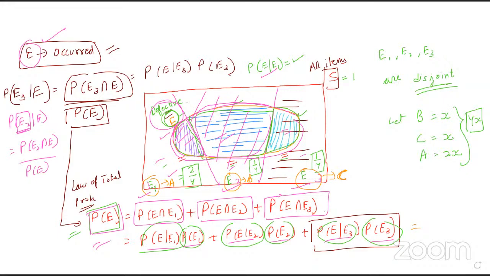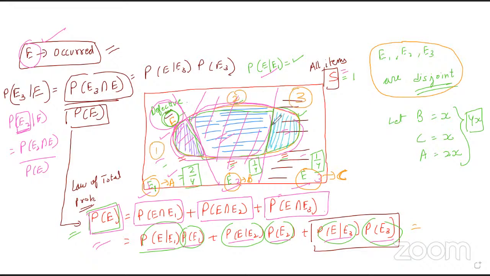Could you repeat the last part again? Okay, see. So when to use the Bayes theorem? When we have a sample space, okay? And within the sample space, we have some disjoint events which completely partition my sample space. Here I have 3 parts, right? Part 1, part 2, and part 3.